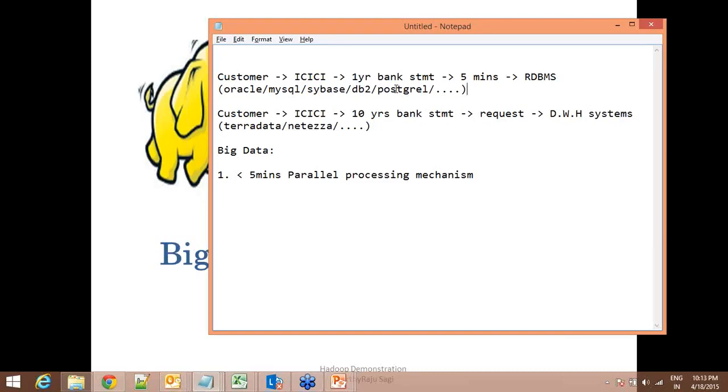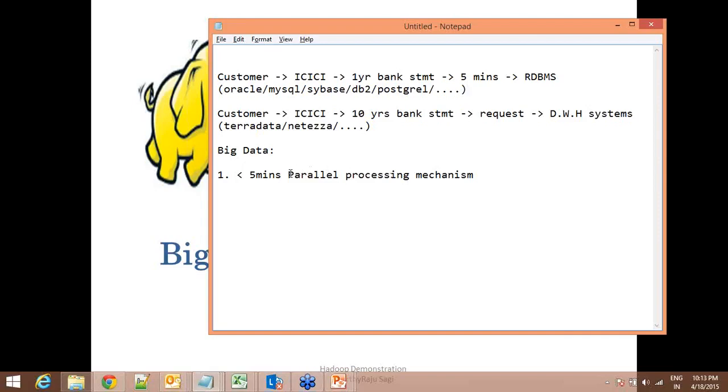That is what we call sequential processing. But in big data systems, even the warehouse systems, most of the systems before followed sequential, but now, in the new versions, these guys are also following this parallel processing mechanism.